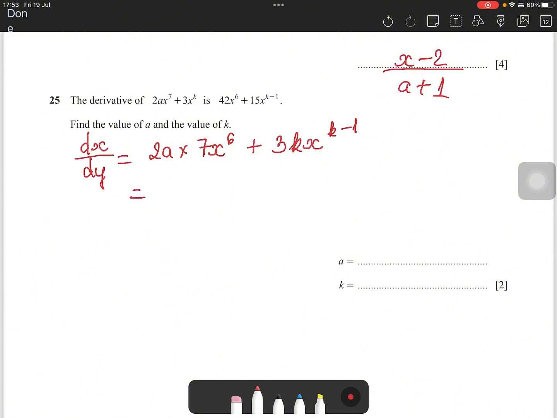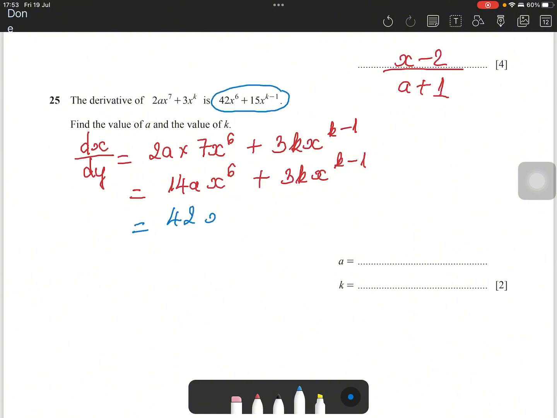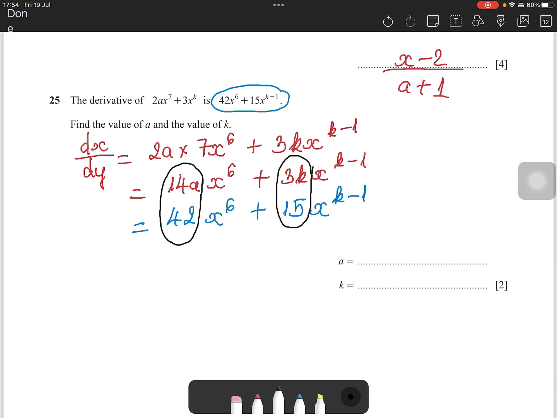2 times 7 is 14, so 14a x to the power of 6 plus 3k x to the power of k minus 1. And according to the question, it is the same as 42x to the power of 6 plus 15x to the power of k minus 1. And from these two, we know that 14a should be the same as 42, and 3k should be the same as 15.